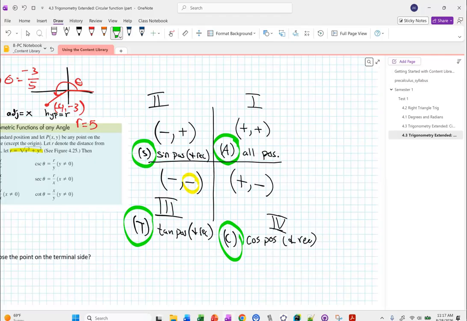A means all your trig functions are positive. S means sine is positive and its reciprocal. T means tangent is positive and its reciprocal. And C means cosine is positive and its reciprocal. So again, this is the shortcut.